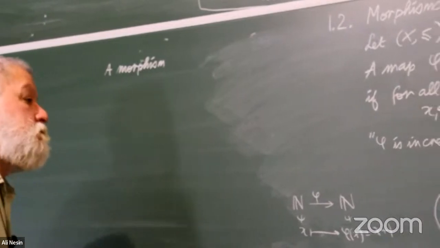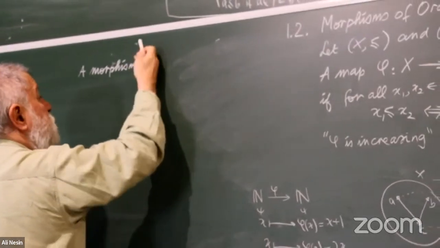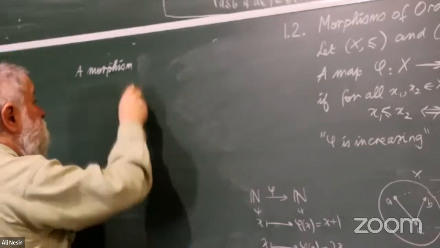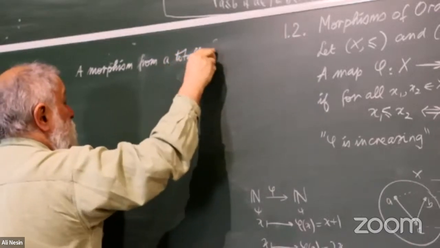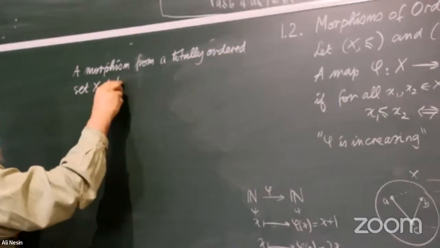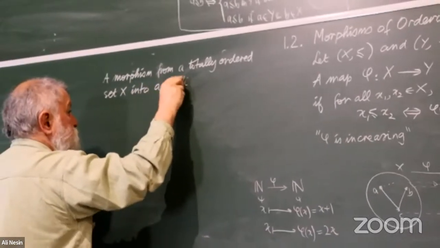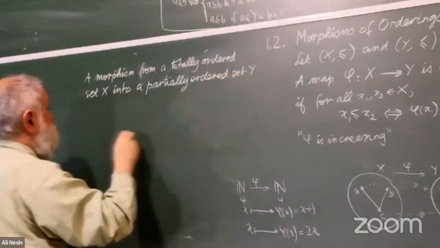A morphism from a totally ordered set X into a partially ordered set Y must be one-to-one.